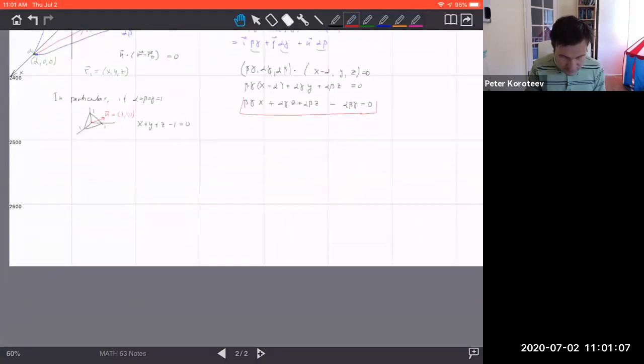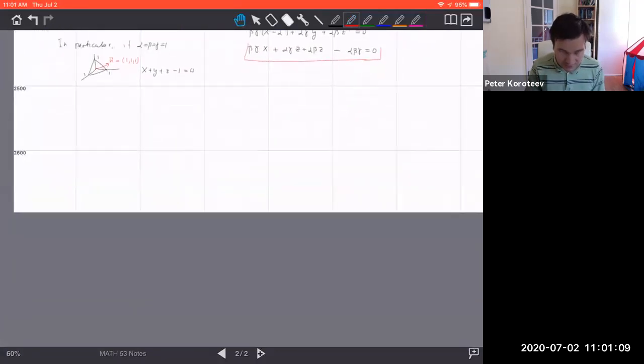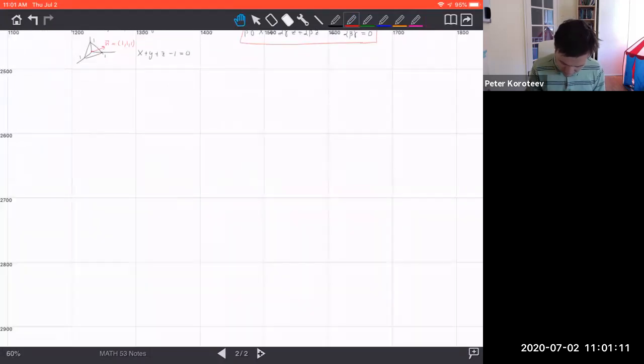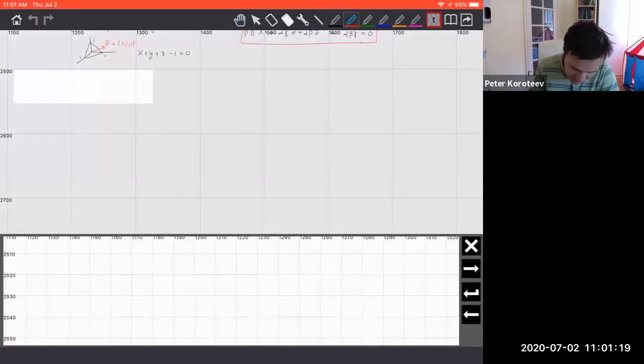Now let's say we have 2 planes at once. What can you measure with 2 planes? One thing you can do is find the angle between them.